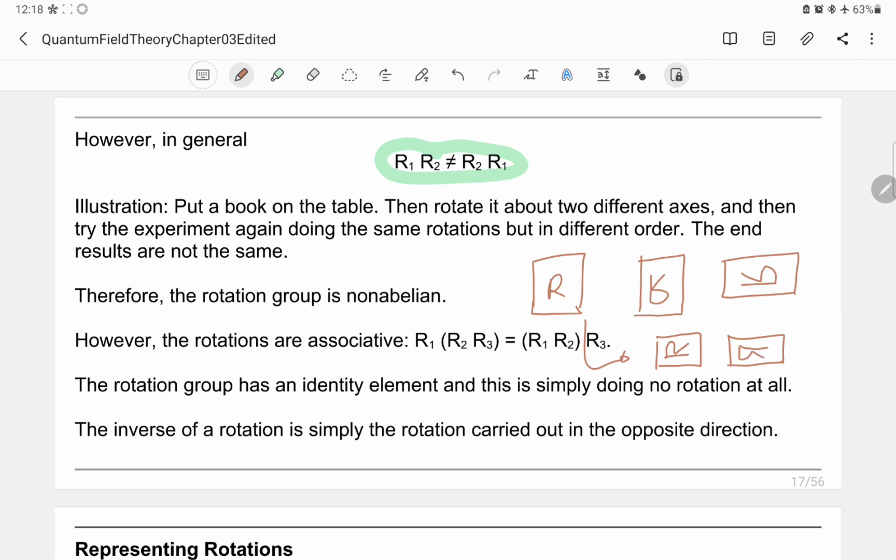So it's different. So this is rotation on the x, and then on the z, and then this is rotation on the z and then on the x. So it's not the same.